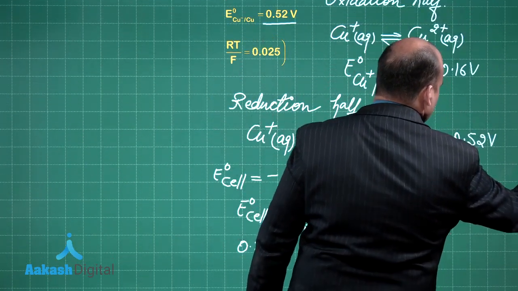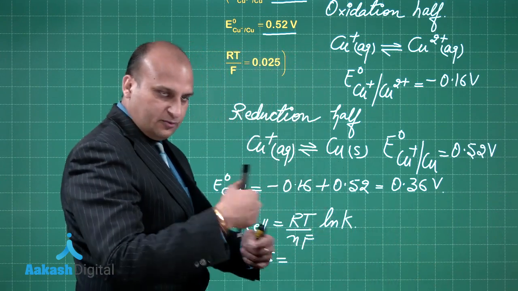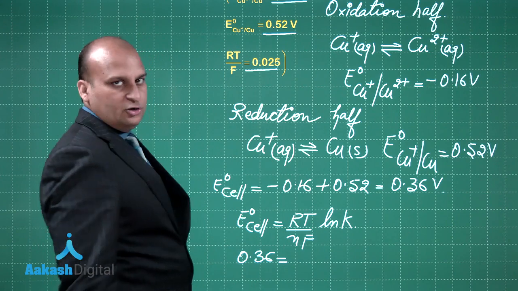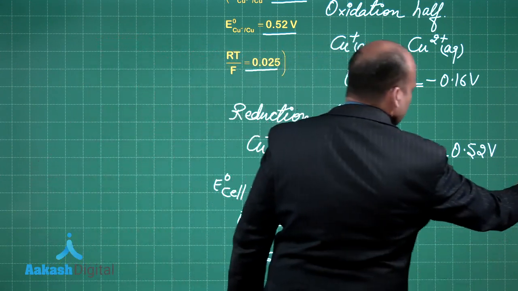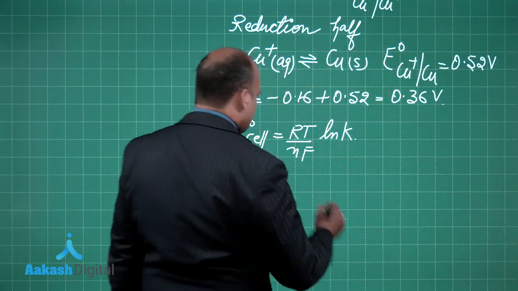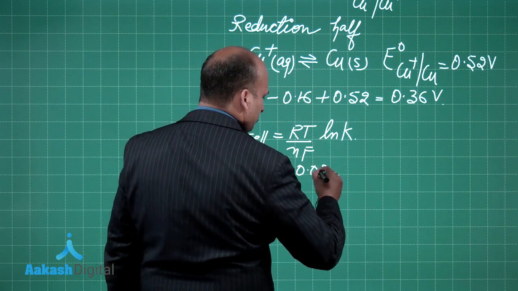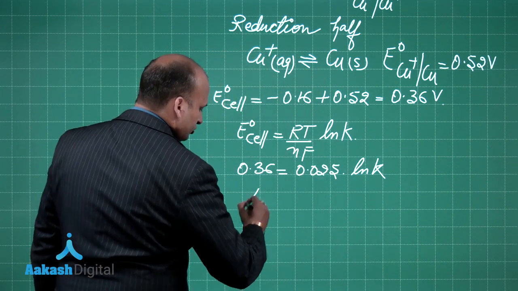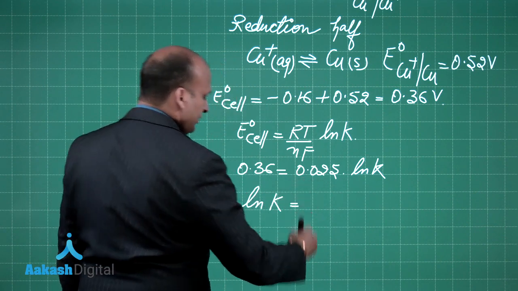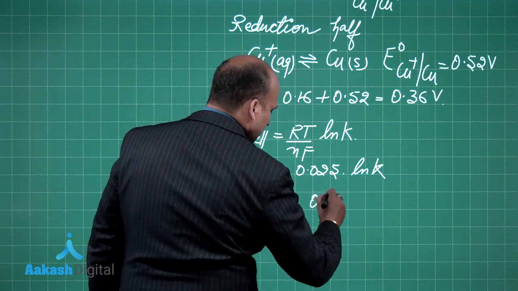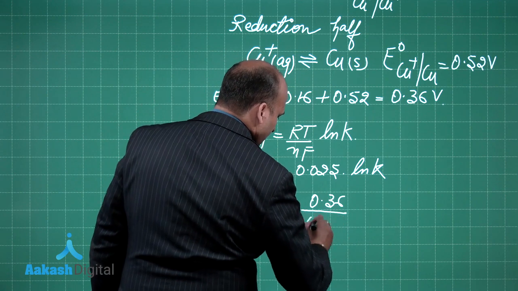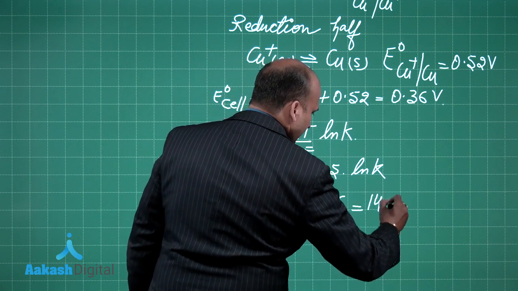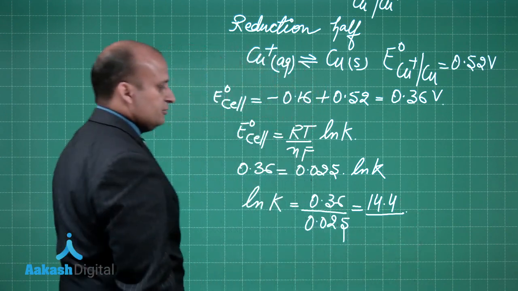N is 1 because one electron is lost and one is gained, and this value RT by F is given to be 0.025. So, this is 0.025 into ln K. On solving, I will be getting ln K is equal to 0.36 by 0.025. On solving, I will be getting 14.4.